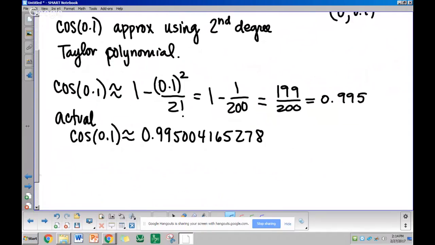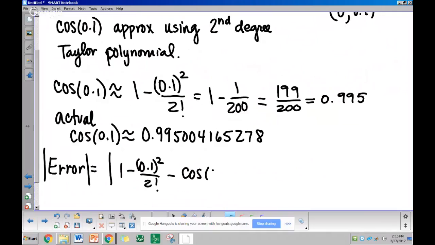How do we find the error? Subtract. I like that, subtract. It doesn't matter which we actually do. So I'm going to say this is going to be 1 minus 0.1 quantity squared over 2 factorial minus the actual, which is what? Cosine of 0.1. You know where we get this from?